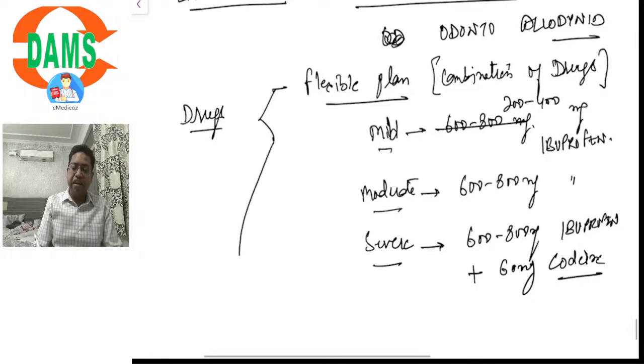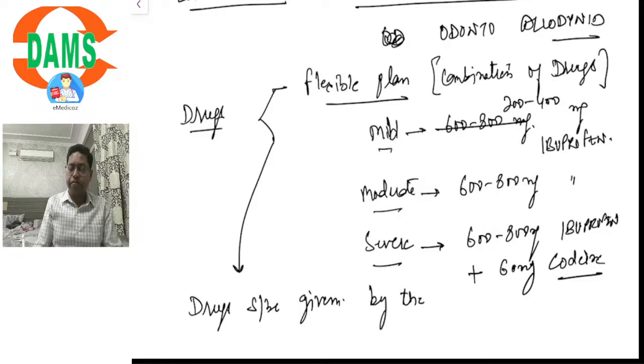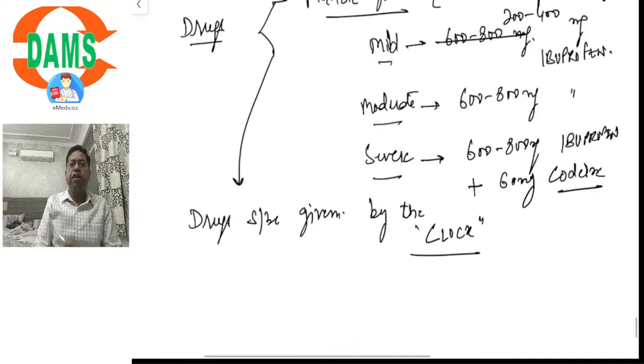And secondly, an important thing, drugs should be given by the clock. Okay. By the clock means the patient has to take the drugs routinely at a specified interval according to the choice of drug, and not SOS, and not as and when needed.